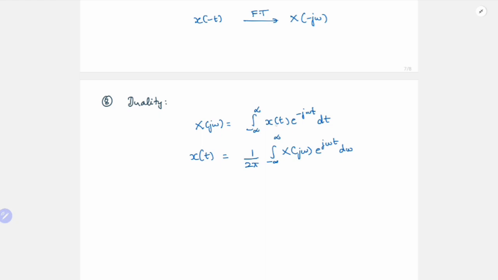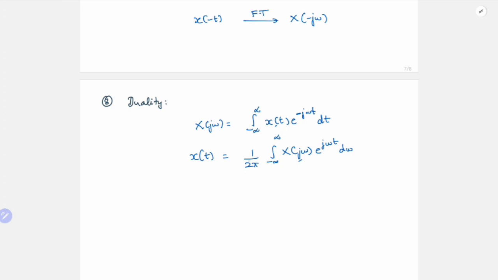So if you see here, both are actually taking a reverse role, right? Here there is x of t and here there is x of j omega. On the left hand side, here there is x of j omega, here there is x of t. And we have one minus sign difference between e power j omega t and e power minus j omega t. And the coefficient is dt here, here it is d omega.